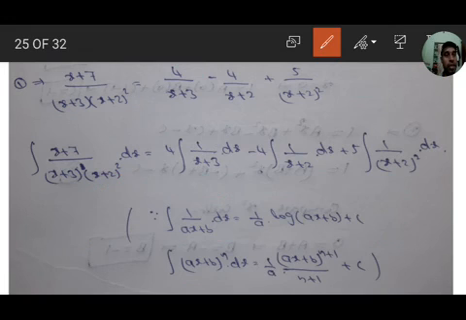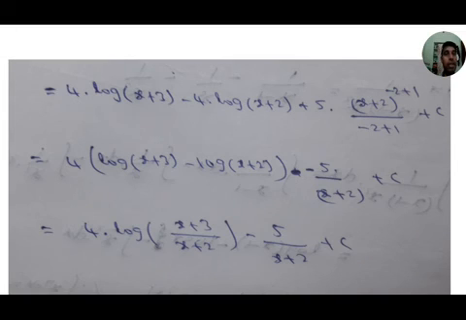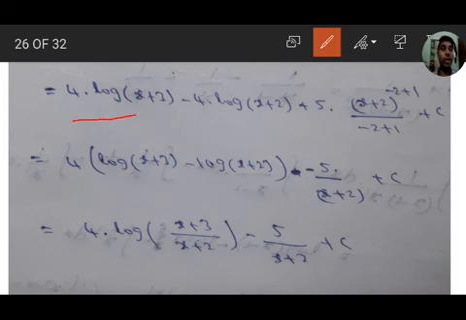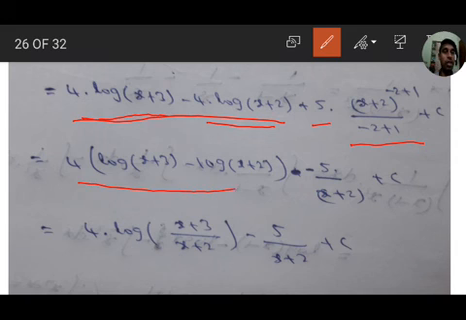So substituting in the formulas, we get 4 into log of x plus 3 minus 4 into log of x plus 2 plus 5 into x plus 2 whole to the power of minus 2 plus 1 by minus 2 plus 1, plus c. So 4 is common in the first two terms: log of x plus 3 minus log of x plus 2.